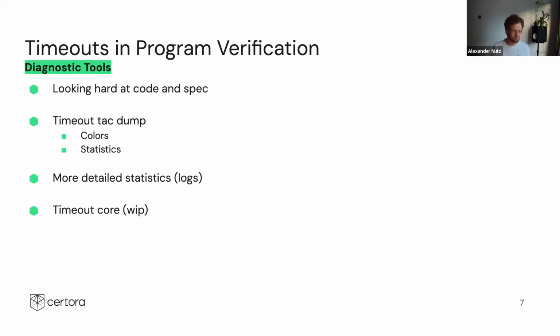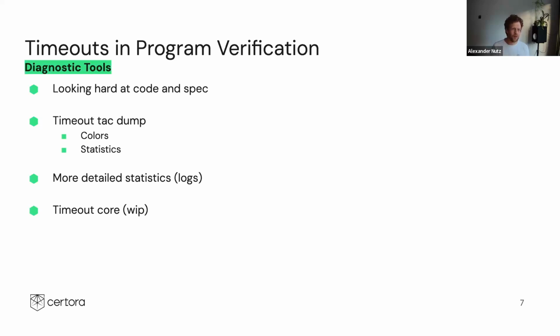And then I'm going to talk about tools that help us do this, especially to help us find which of these options might be good to take and where. Again, first, a good understanding of code and spec is important.